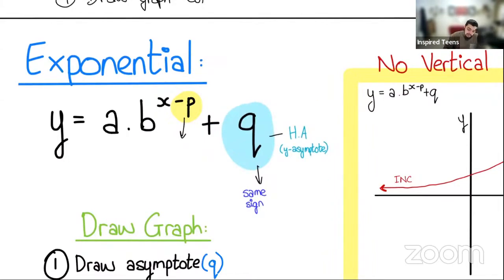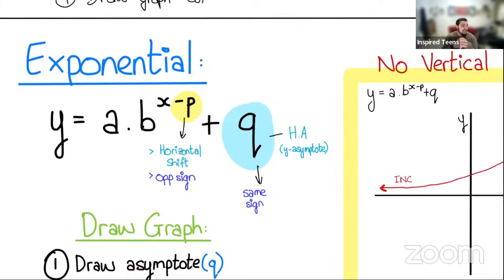So what is p? p is not a vertical asymptote in this case. p is what we call horizontal shift. Whatever the value of p is, it shifts the graph left or right, and it's the opposite sign, just like all x coordinates.